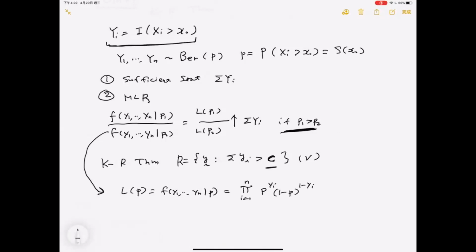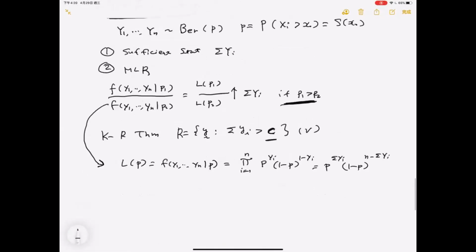So this becomes p to the summation of Yi, times 1 minus p to the n minus summation of Yi. Then you take the ratio of L(p1) over L(p2). You get p1 over p2 to the summation of Yi, then 1 minus p1 over 1 minus p2.